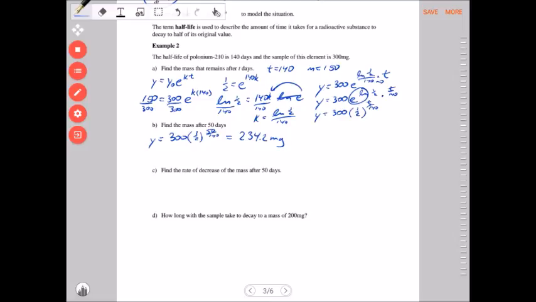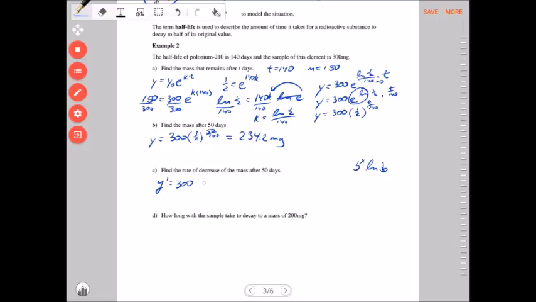Find the rate of decrease of the mass after 50 days. So again, that is just the derivative. So y prime equals, the 300 just comes out in front because it's a constant. Now the derivative of 1/2 to the power, that is that whole b to the x thing, so b to the x ln b.